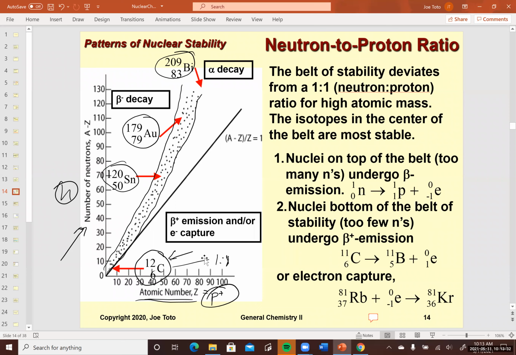But as the atom size gets larger and larger, the stable type of atom needs a disproportionately larger number of neutrons to hold the nucleus together. So it bends away from that 1-to-1 ratio, which was good for small atoms, but not good for larger ones. So you need more glue, in other words, to hold those protons together as you get more and more protons.